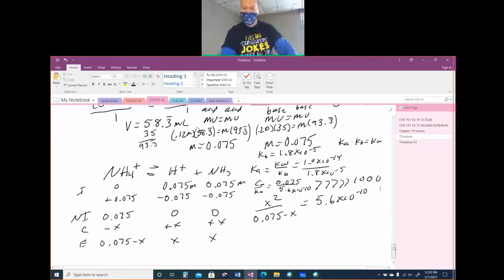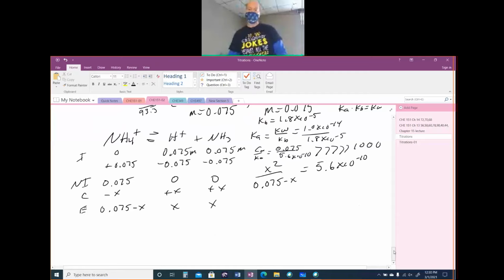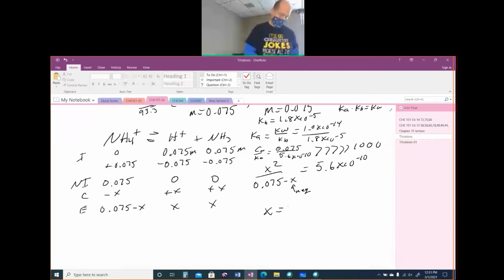All right, you're going to get a huge number, way more than 1,000. So you do not have to check your value for x. So x1 is your answer. All right, so you can neglect your x. So you take your 5.6 times 10 to the minus 10, multiply that by 0.075, and then take the square root of that number, and you get 6.5 times 10 to the minus 6.